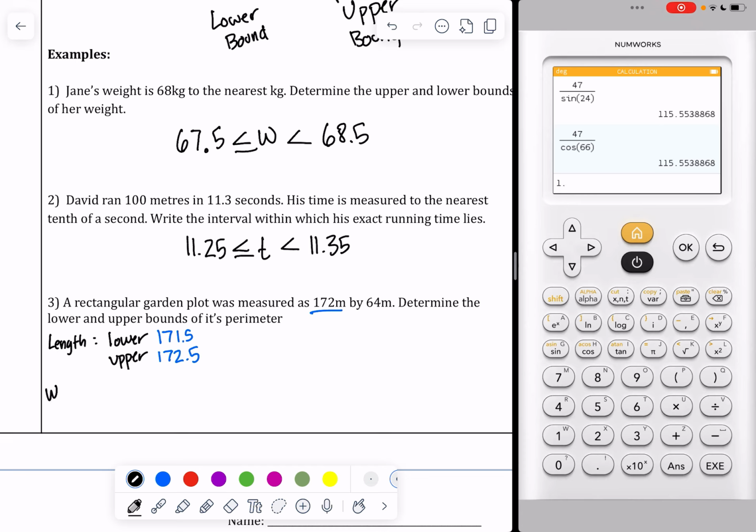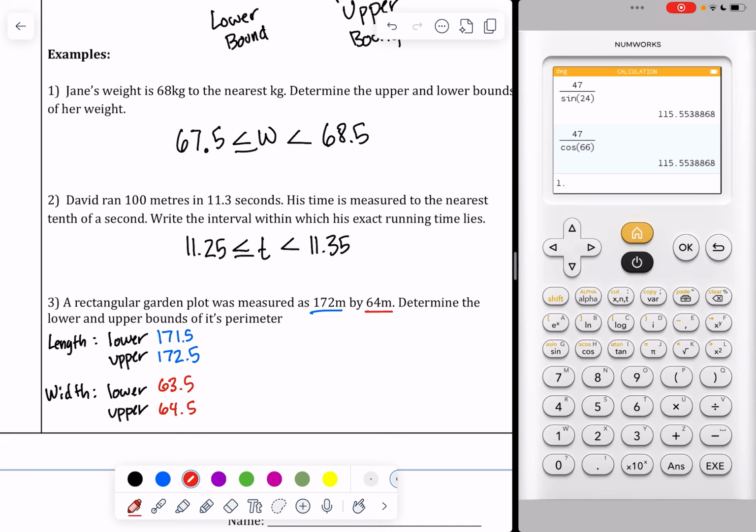For our width, we'll also find our lower and our upper. So 64 meters could have actually been anything as low as 63.5 meters, and the upper bound could have been anything as high as 64.5 meters, but definitely lower than that. But that's the upper limit.